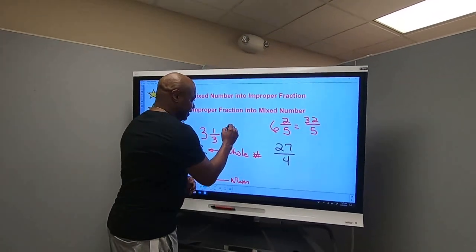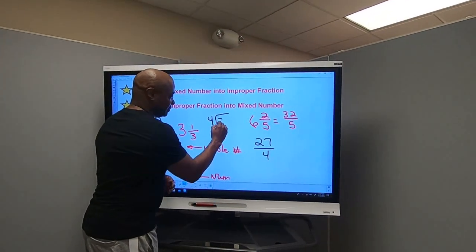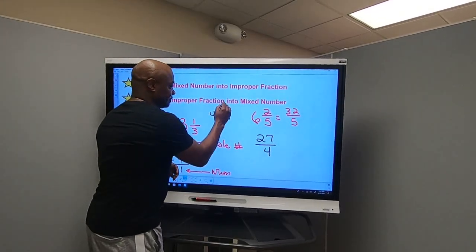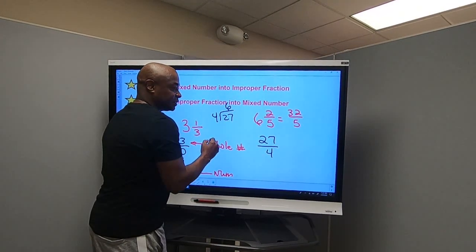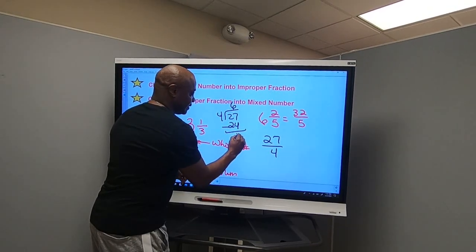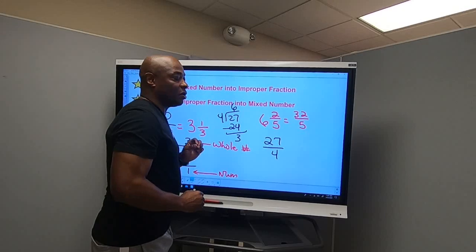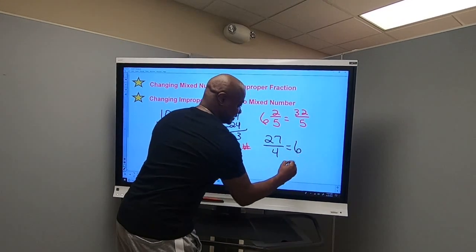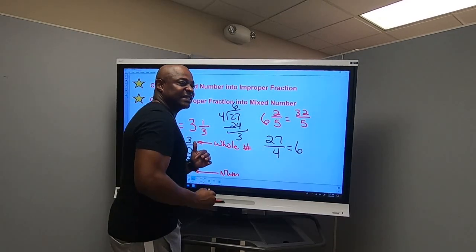Exactly. So we'll say what? 4 divided into 27. How many times? Good. 6. And I know 6 times 4 is? Good. 24. We subtract and we get what? 3. What's our whole number now? Our quotient, which is what? Good. 6. What stays the same?